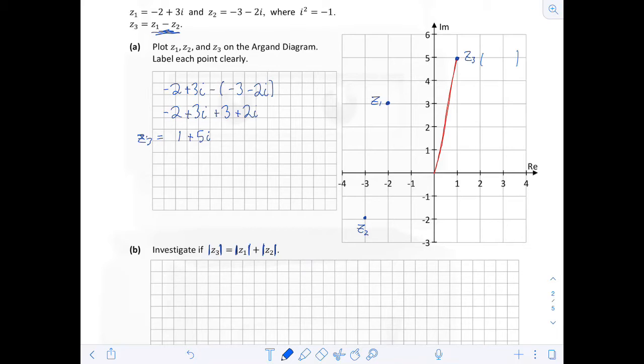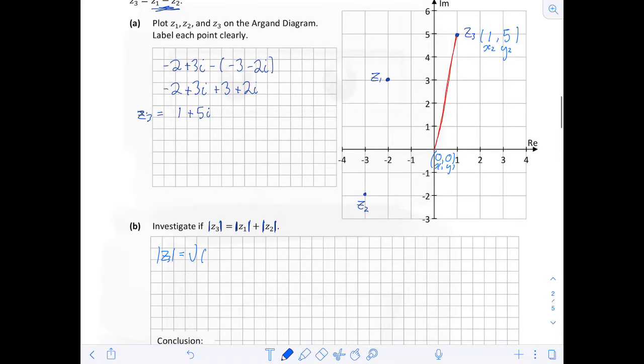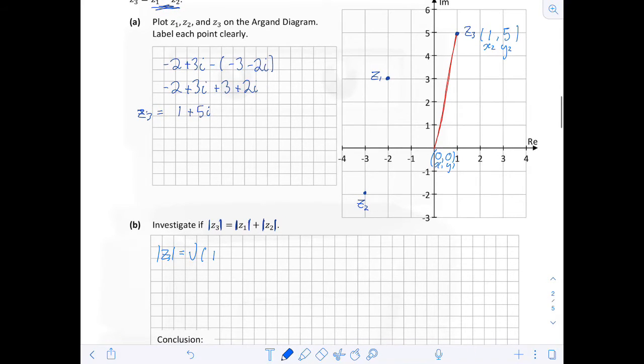Z3 is located at the point x2, y2, and I'm going to call 0, 0 the point x1, y1. I then put that into my formula, and the modulus of Z3 is equal to the square root of the difference in x squared plus the difference in y squared.